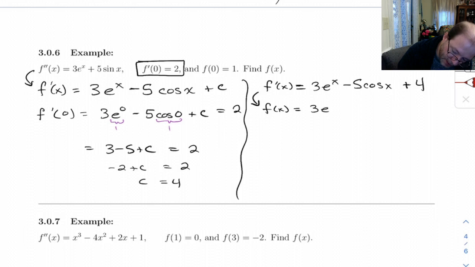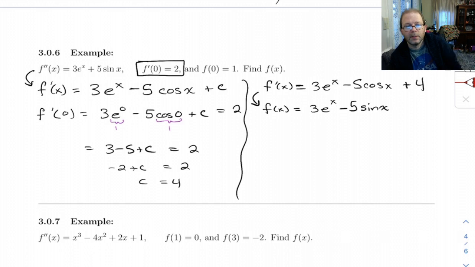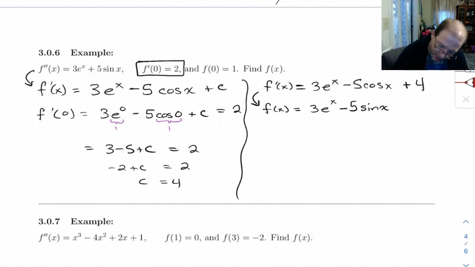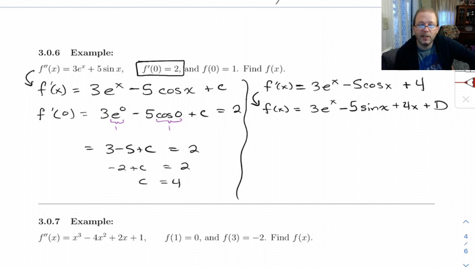So I get 3e to the x. Now when you take the antiderivative of cosine, you get positive sine. So the negative doesn't change, it remains a negative. And then the antiderivative of 4 is 4x, then plus another constant d.